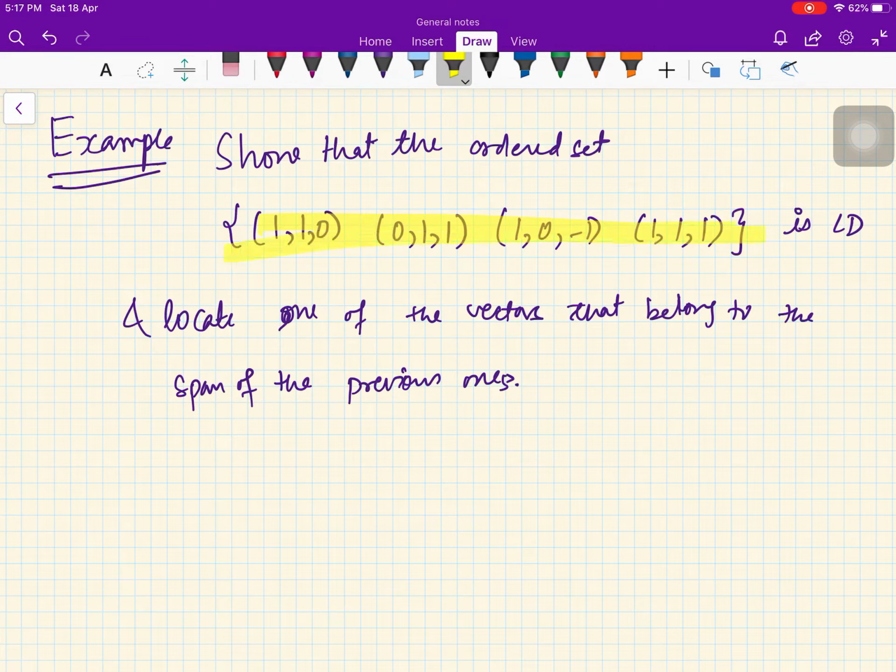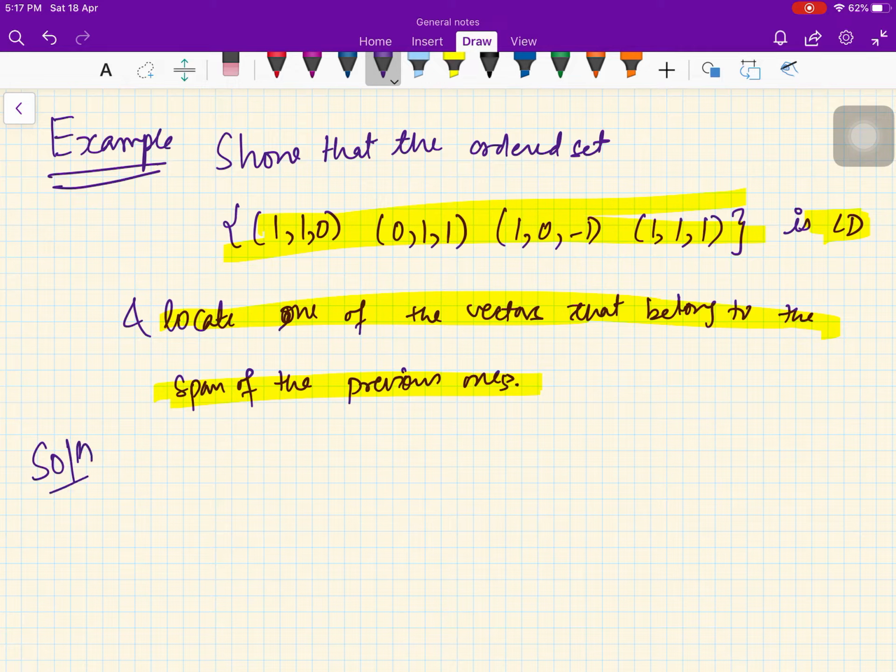Okay, so your question is, you are given a set which contains 4 elements. You have to prove that this is a linearly dependent set, and you have to locate one element, one vector, which is the linear combination of its previous elements.